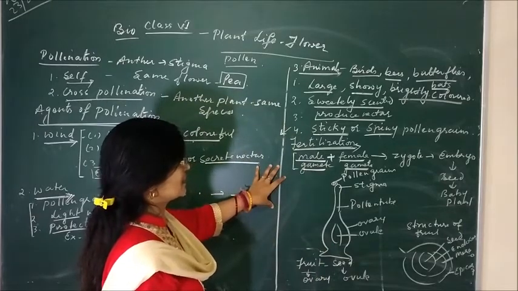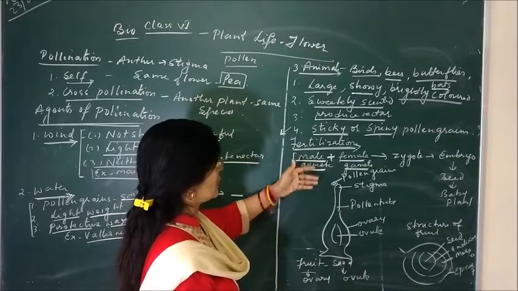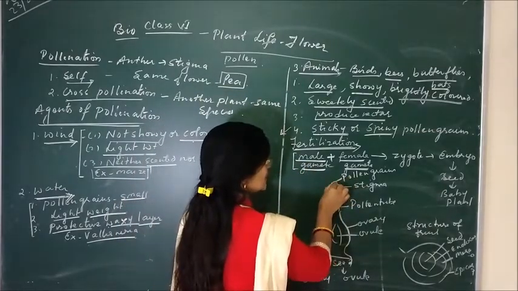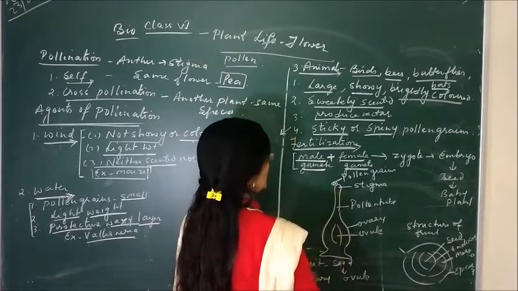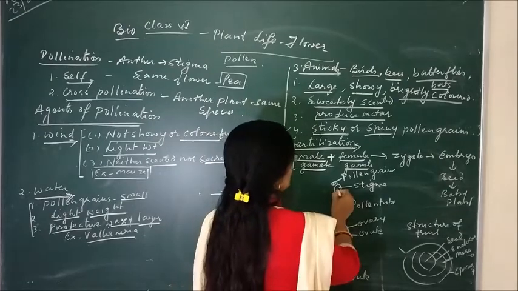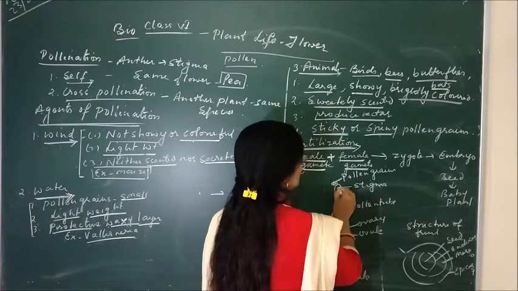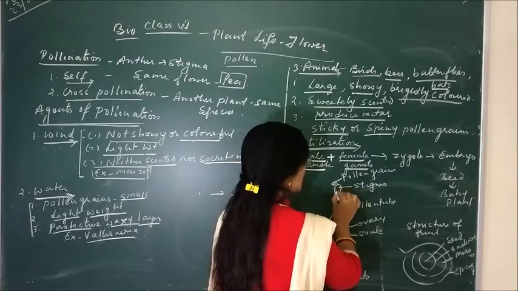So what happens when the pollen grains are transmitted from one flower to the same flower or a different flower? When the pollen grain is transmitted to the stigma of the female flower, what happens? These pollen grains stick to this stigma, and immediately after a few moments the pollen tube is formed.